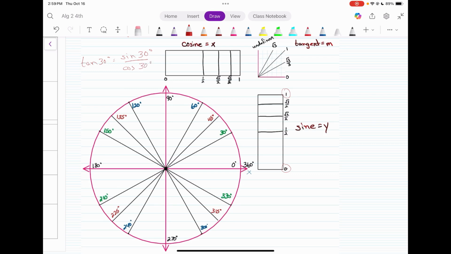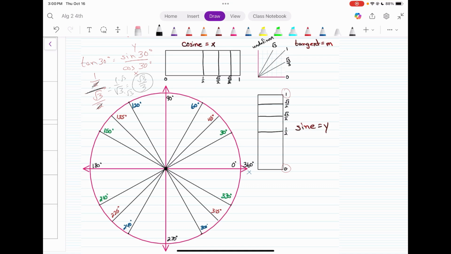Sine of 30, this is a y value over an x value. Sine of 30 is a half. Cosine of 30 is root 3 over 2. When you flip and multiply to divide, the 2's will actually cancel each other out and give you 1 over root 3. Once you rationalize by multiplying top and bottom by root 3, you get root 3 over 3.